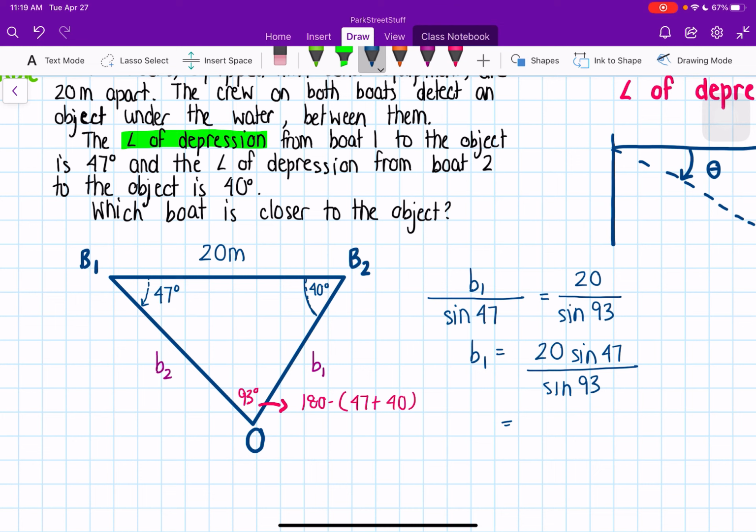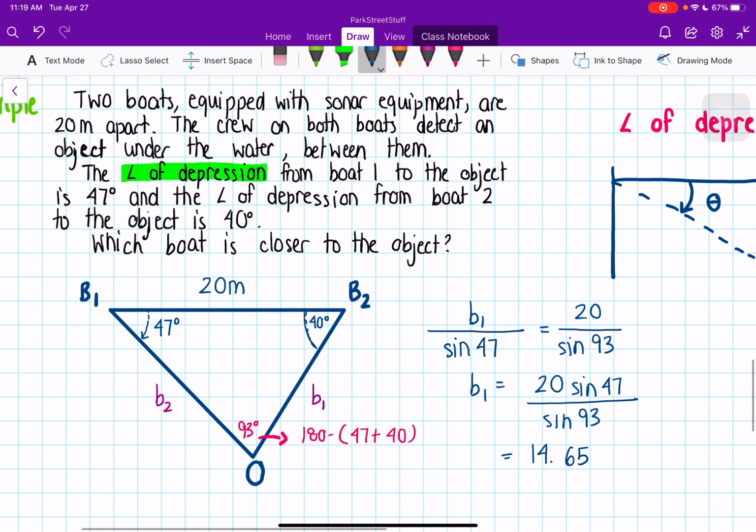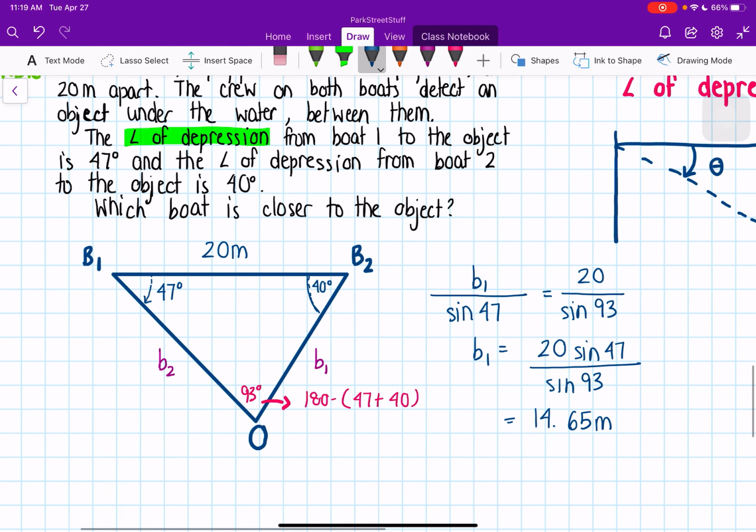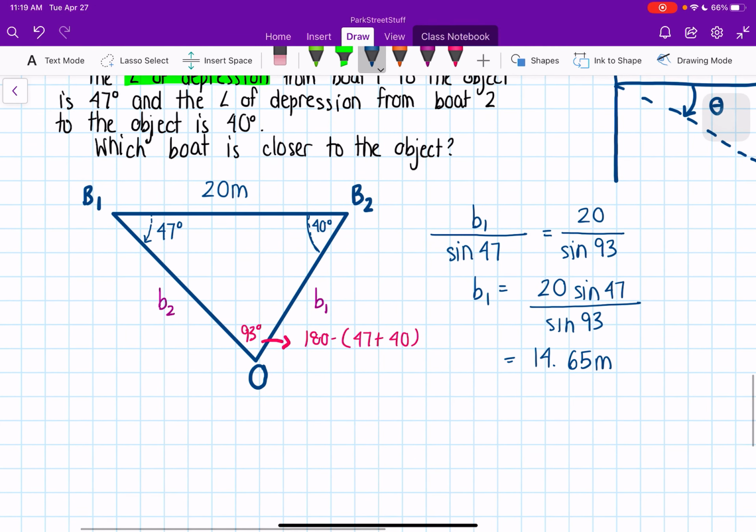When you put all of that into our calculators, we get an answer of 14.65. I'm going to go to two decimal places. That's a good convention to use. And this is in meters. So that's b1's distance.